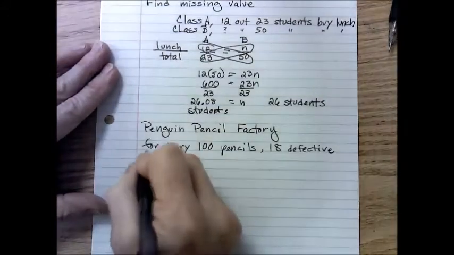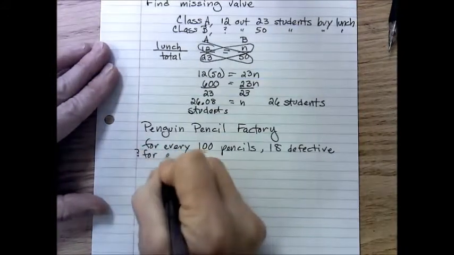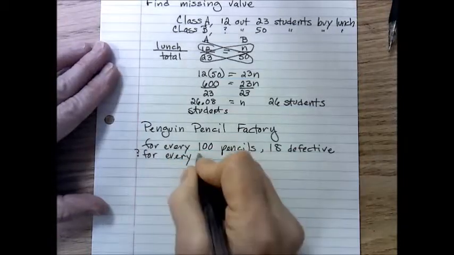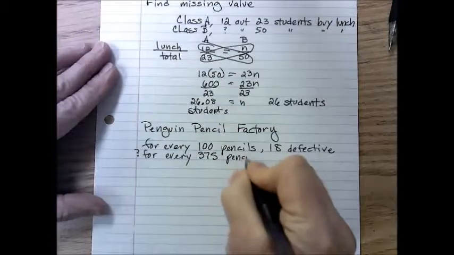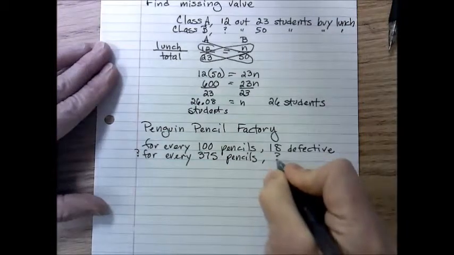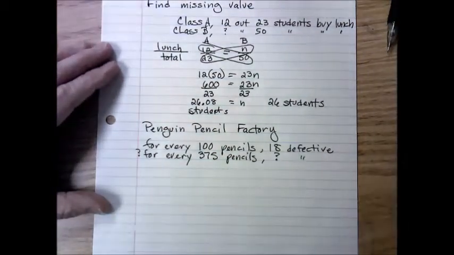So the question is then, for every 375 pencils, how many would be defective?